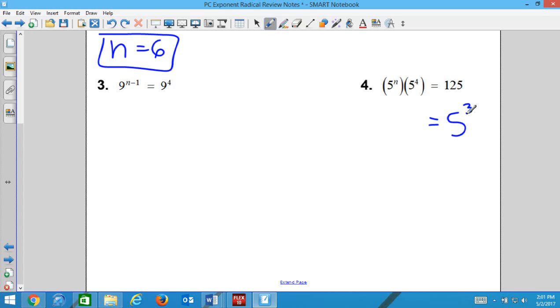The other side has 5, but it's got it twice, so we have to multiply it together: 5 to the n times 5 to the fourth. When we're multiplying the same bases, I write the same base, 5. And what do I do to the exponents when I'm multiplying bases? I add them. Now the bases are the same, so we can set our exponents equal. n plus 4 equals 3, so n is -1.